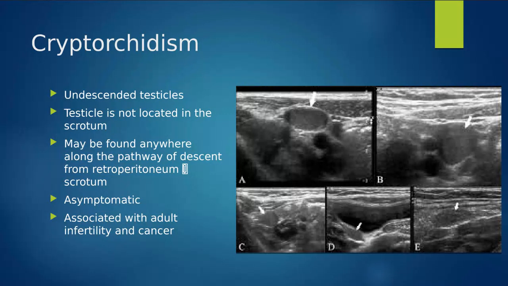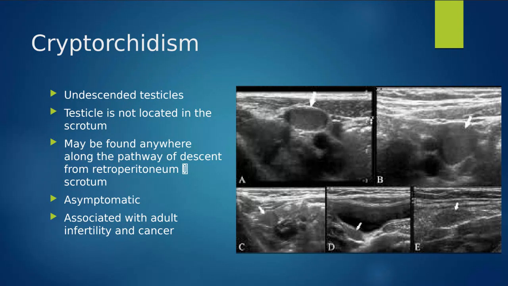When we are developing in utero, in terms of our genitourinary system, everything develops in our pelvis and then moves to its respective regions. So our kidneys develop in our pelvis and then they ascend up into the flanks. Our ovaries and our testicles develop in our pelvis, and then the testicles should descend down into the scrotum.